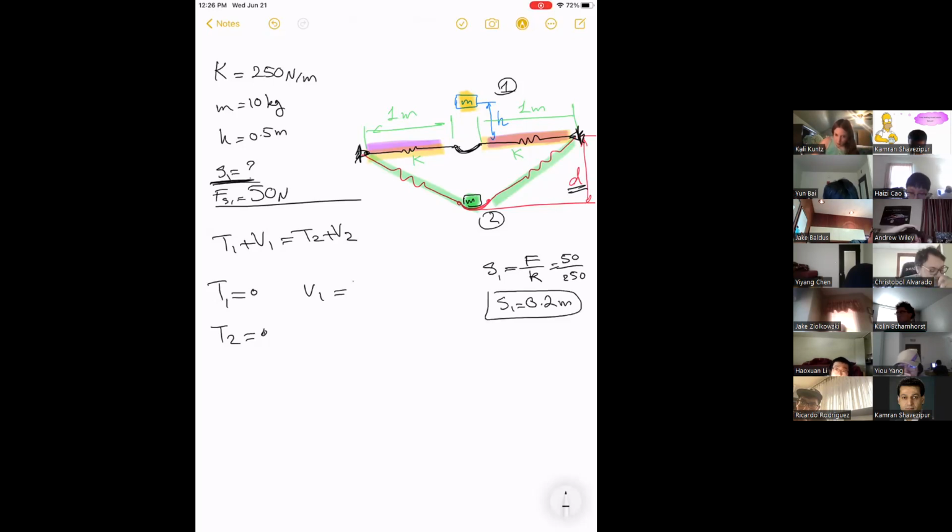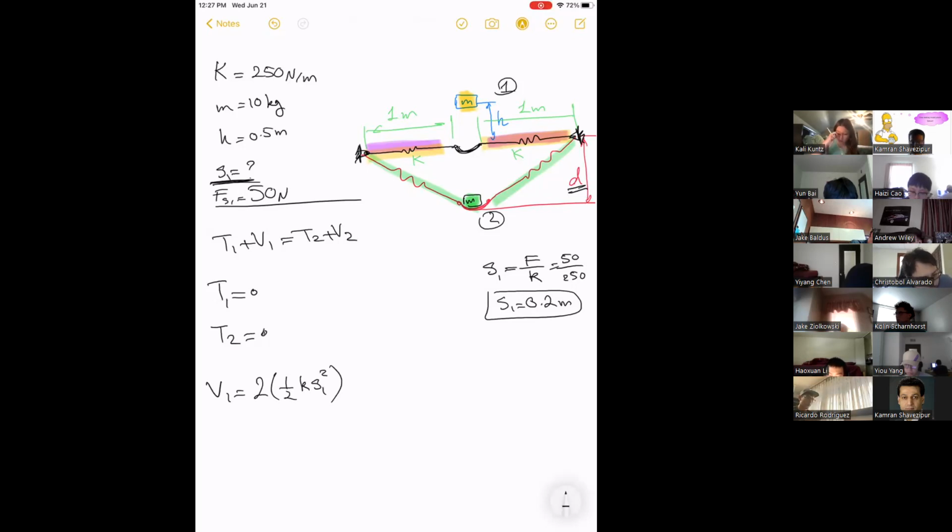So V1 is going to be half. Let me write this down here. V1 is going to be, because we have 2 springs, 2 times half K S1 squared, right? I'm not going to put the numbers right for now.